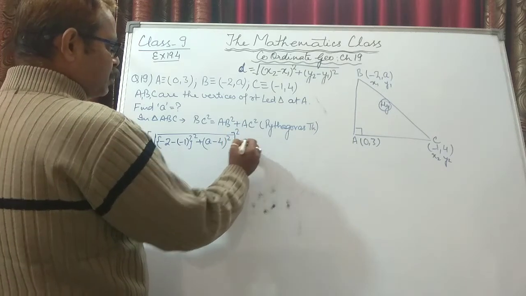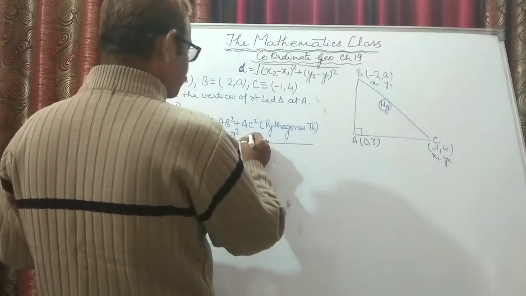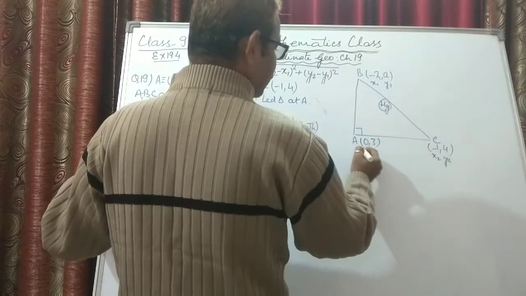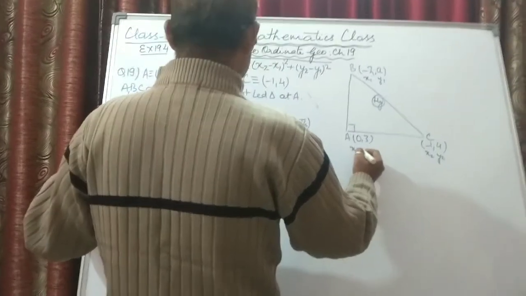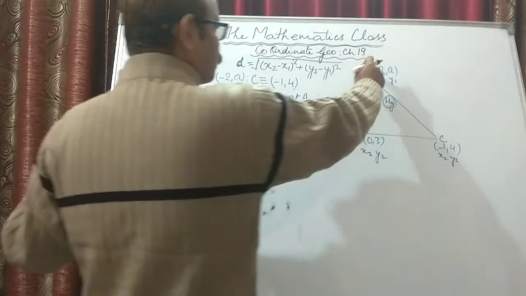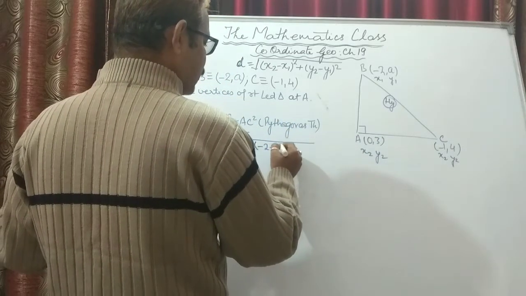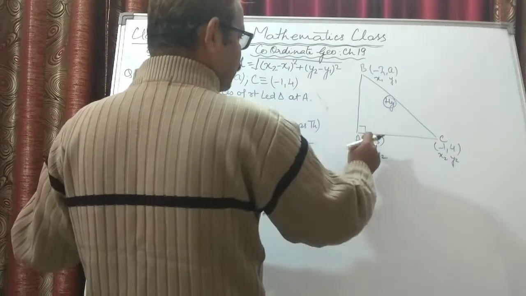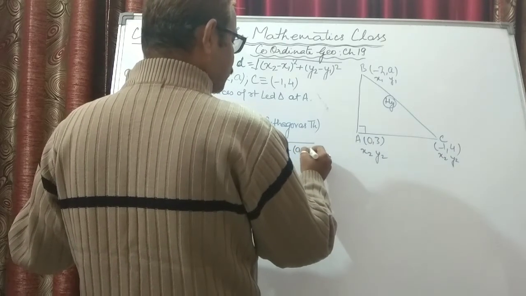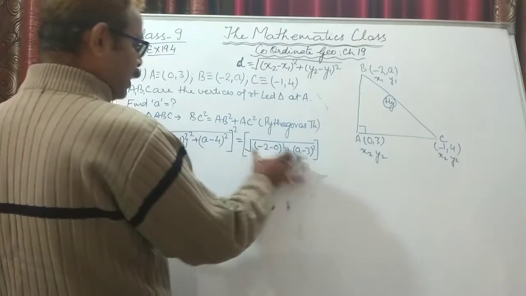So we can say BC square is equal to AB square. Now we will find out AB. For AB, this can be considered as x1, y1 and this as x2, y2. So minus 2 minus 0 whole square, x1 minus x2 whole square, plus y1, which is a, minus y2, which is 3, whole square, and this total is the value of AB.